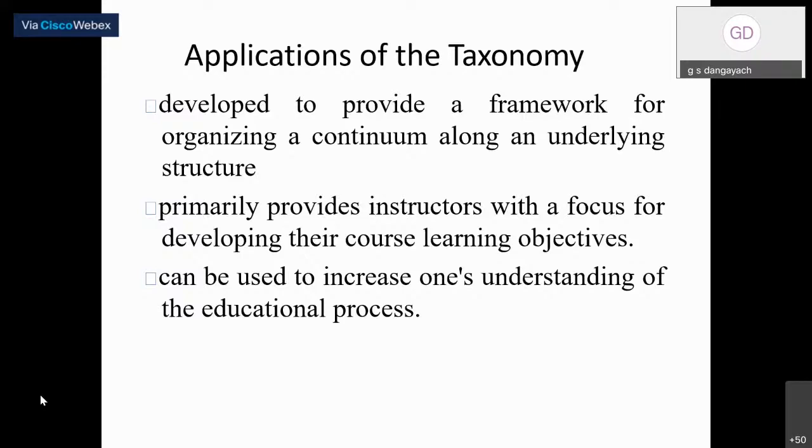So we can say it was developed to provide a framework for organizing a continuum along an underlying structure. Primarily, it provides instructors with a focus for developing their course learning objectives. We can identify COs, course outcomes, and POs, which are an important part of outcome-based education, OBE, and can be used to increase one's understanding of the educational process.